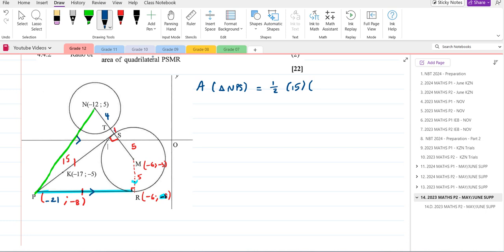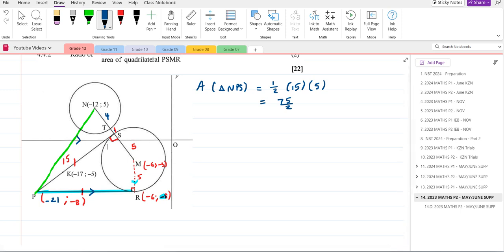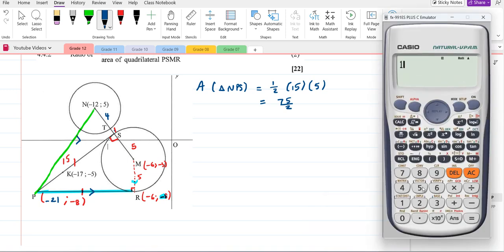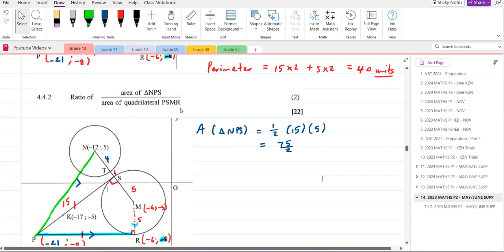So 1 plus 4, the height is 5. So we take 5 times 15, which is 75/2. So 75/2 units squared.